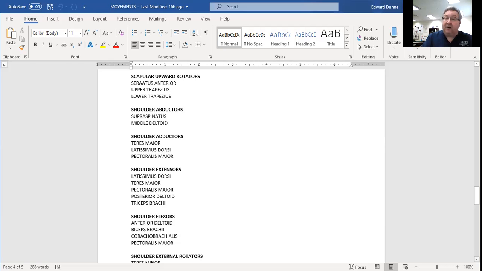Remember I just said serratus anterior is the body's main protractor. The upper trapezius. The upper trapezius is an elevator of the scapula. And the lower trapezius. Those three muscles work together to help upwardly rotate the scapula. All right.